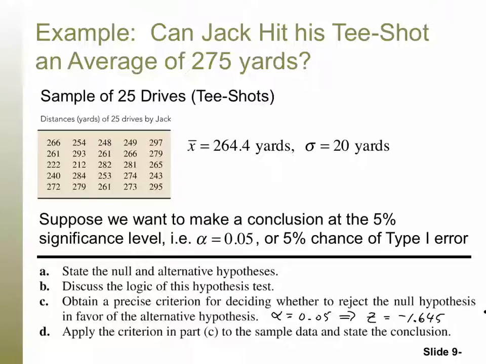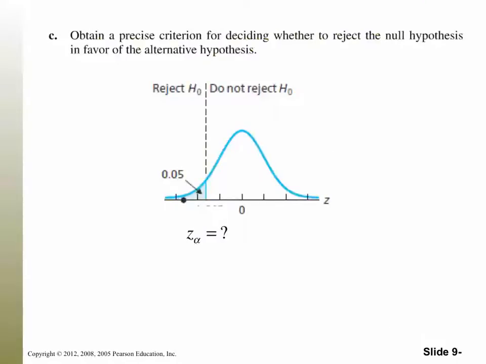So if this mean of 264.4 yards ends up with a z-score more negative, lower, further to the left of negative 1.645, we're going to reject. So let's see the picture for that. So we got that z-score was negative 1.645.